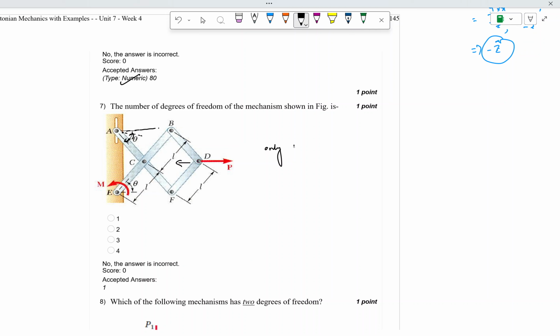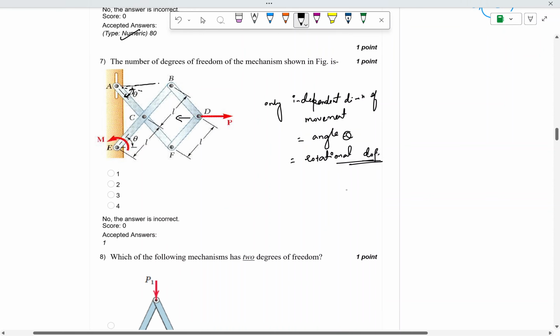So the only independent dimension of movement is the angle theta, which is your rotational degree of freedom, right? So the answer is 1. It has only one rotation, only 1 degree of freedom.